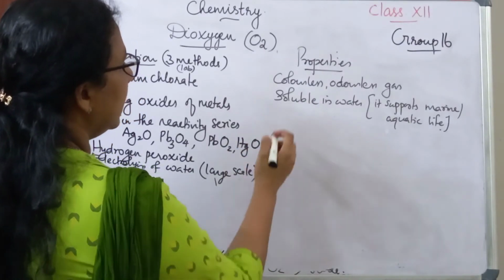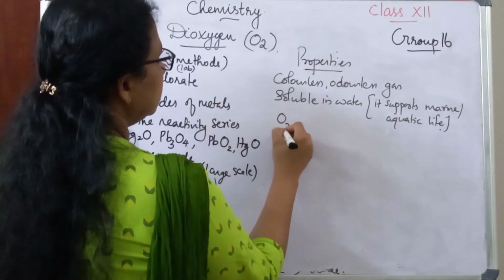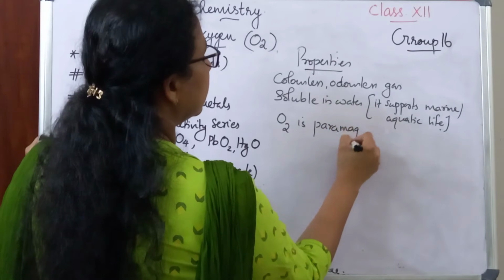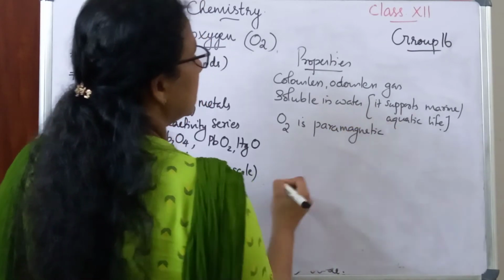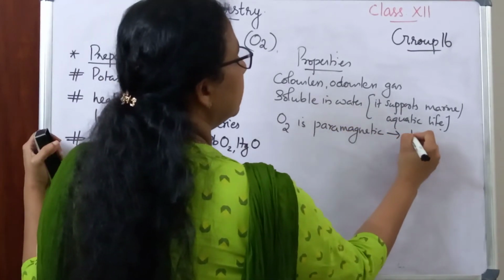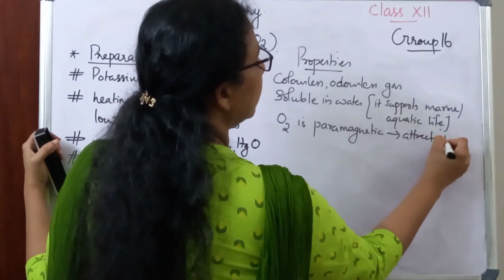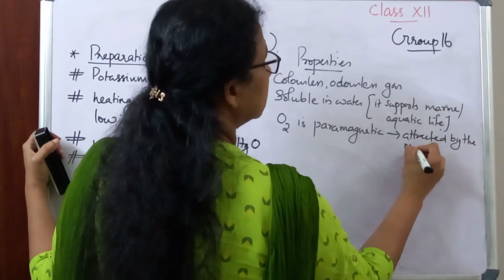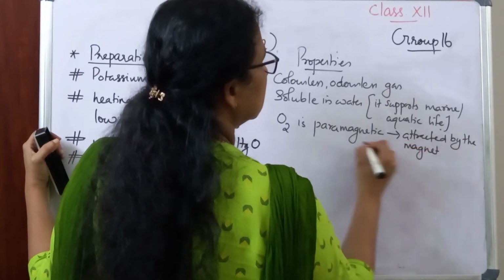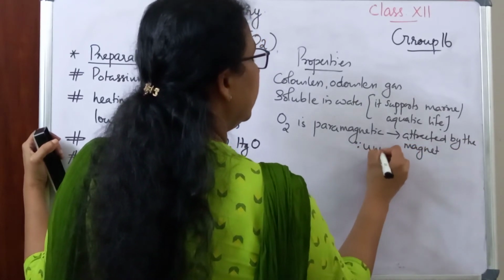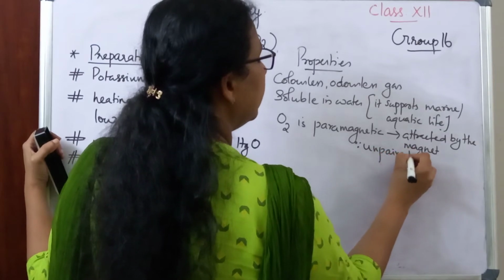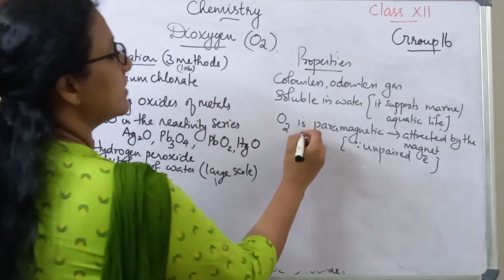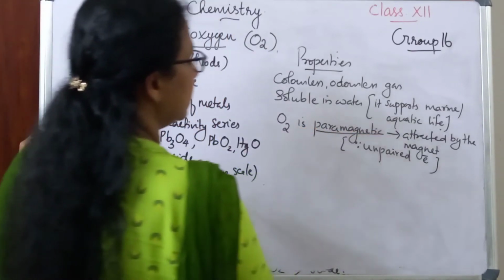Then another point is oxygen is paramagnetic in nature. It is attracted by the magnet because of the presence of unpaired electrons. So we can say oxygen is paramagnetic.